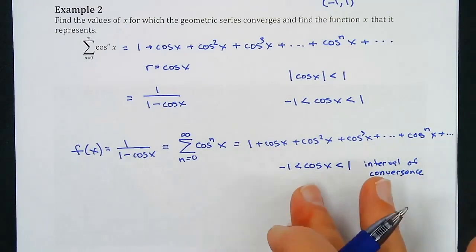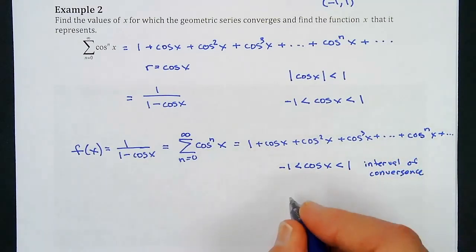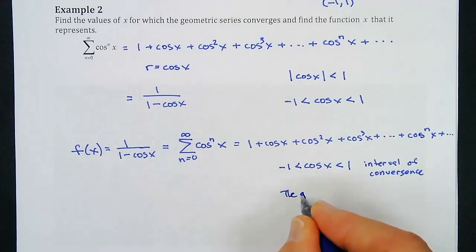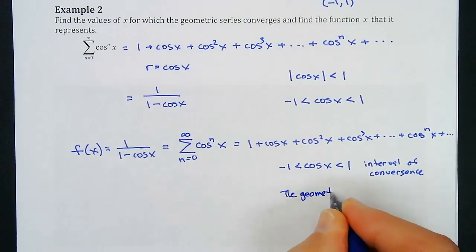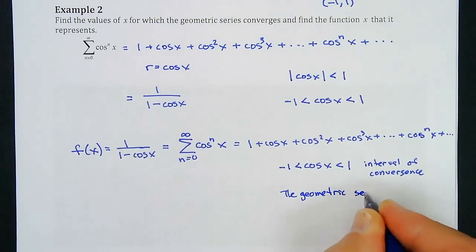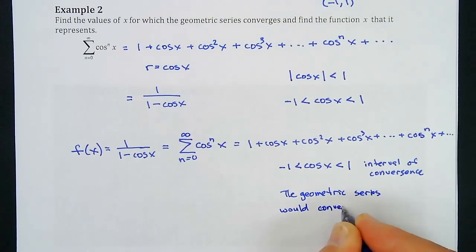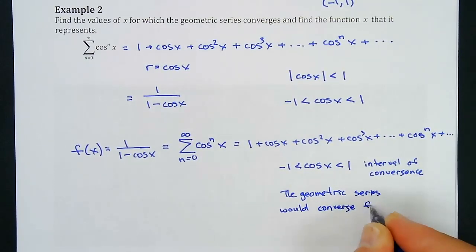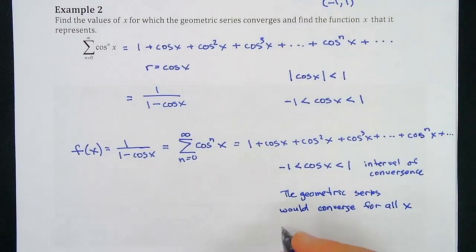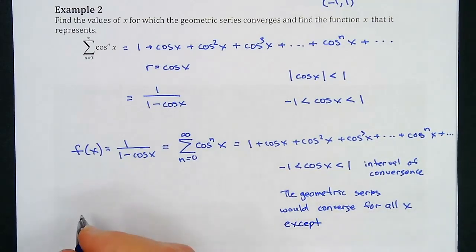So we've got to add a little bit of wording with this. This geometric series would converge for all x, except, and what would they be?